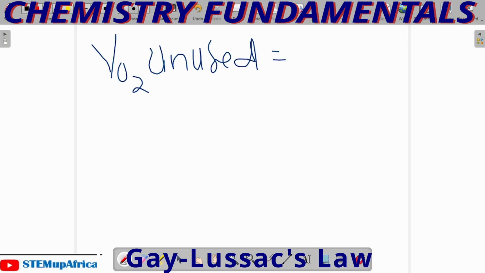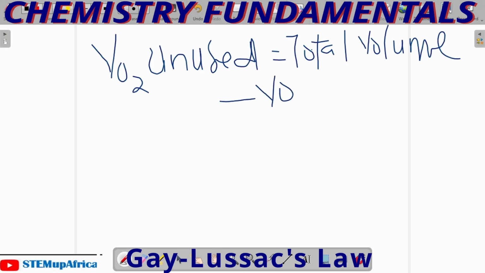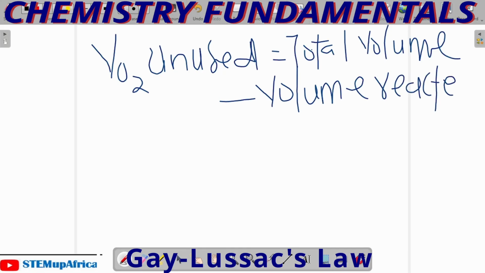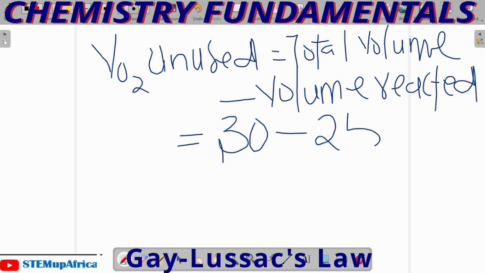will give us the total volume given minus the volume that reacted. The total volume given from the data is 30. The volume that reacted is 25.